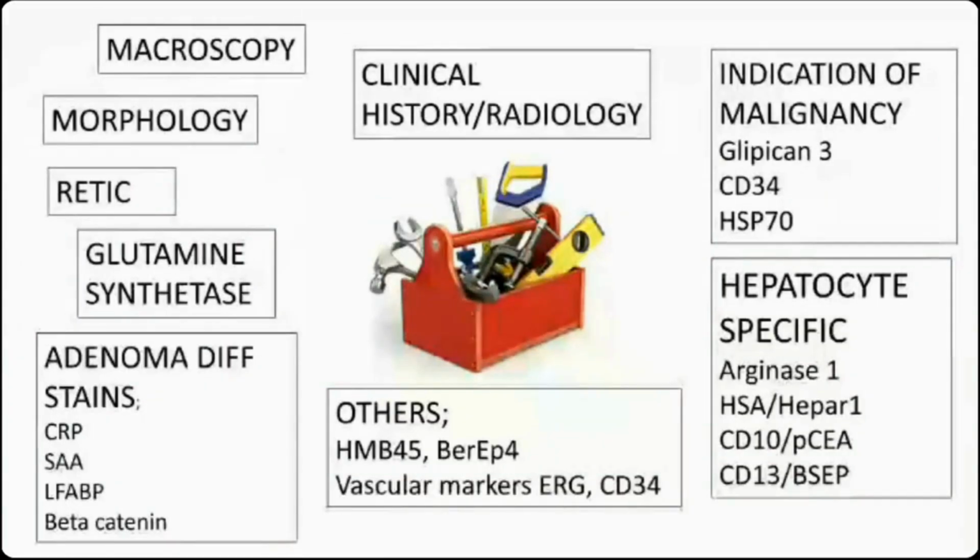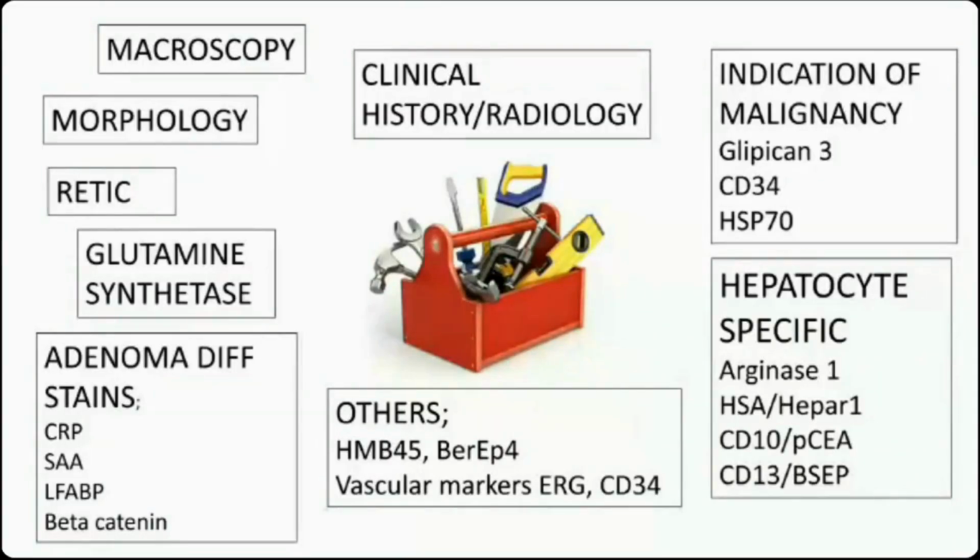You may have cases where you're not sure if it's actually a hepatocellular lesion you're dealing with. And to say that it is, you need something such as arginase or HepPar-1 HSA. Other stains including CD10, polyclonal CEA, CD13, and some centres around here also have bile salt export pump staining, and they show a specific canalicular pattern of staining.